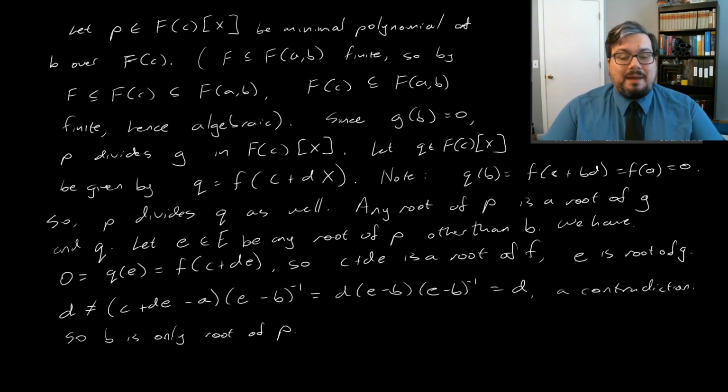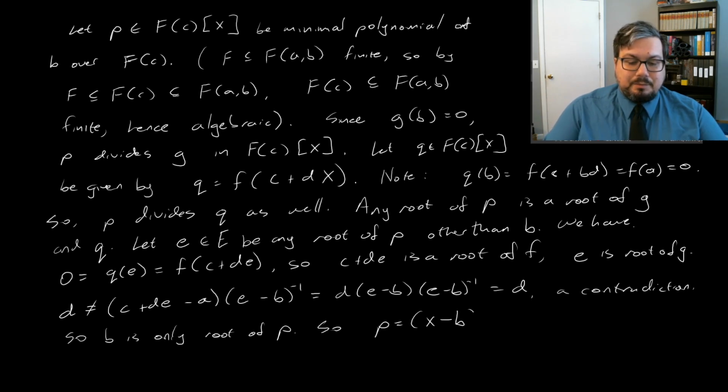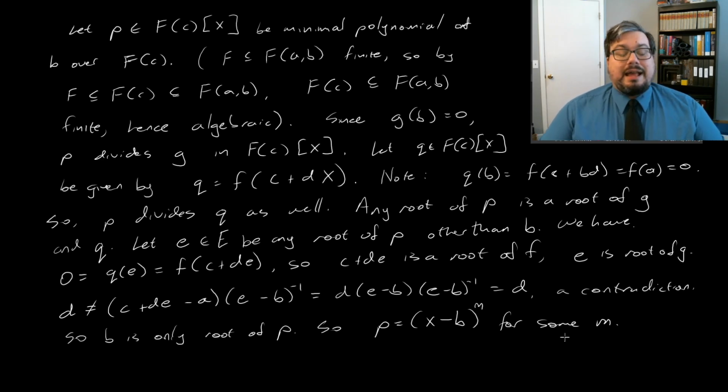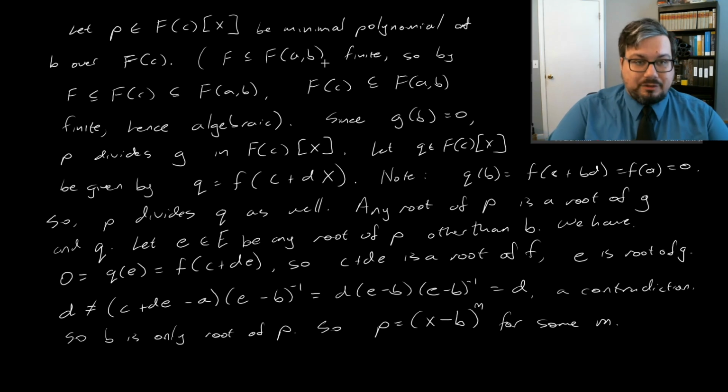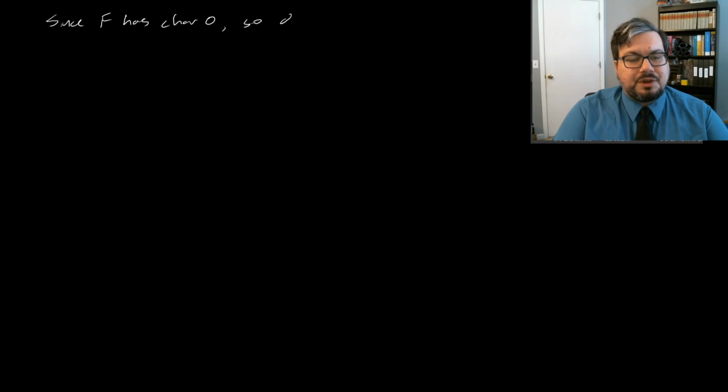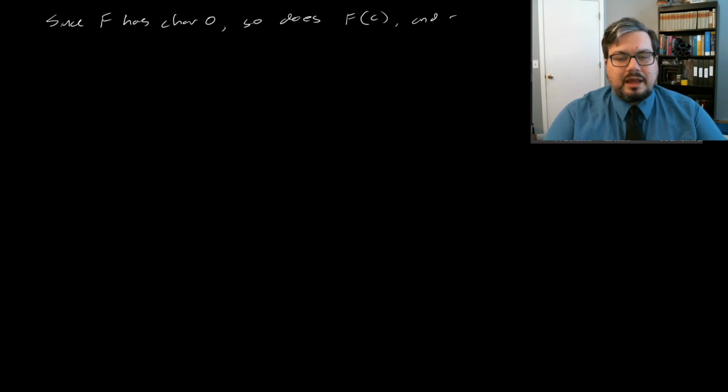And so that means that p is equal to x minus b to some power m. And here's where we're going to again use the fact that f has characteristic 0. Since f has characteristic 0, so does f of c, and so that means that f of c is a perfect field.